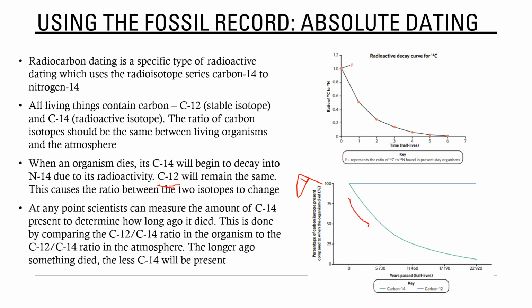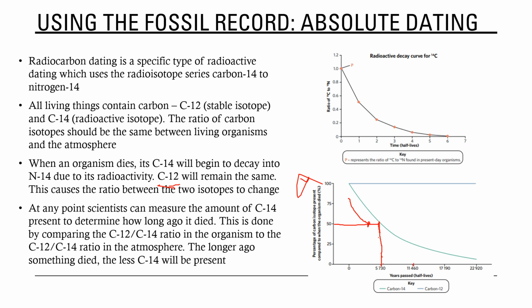Every 5,730 years, you can see that the mass of our carbon-14 has been cut exactly in half. So if we found an organism that had 50% carbon-14 in it, we can pretty accurately predict that fossil is about 5,730 years old.